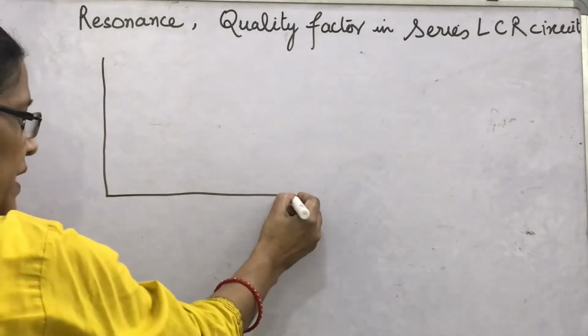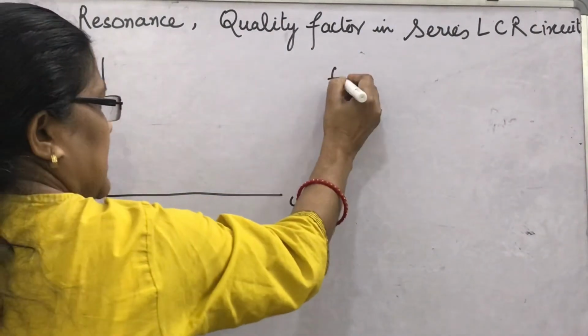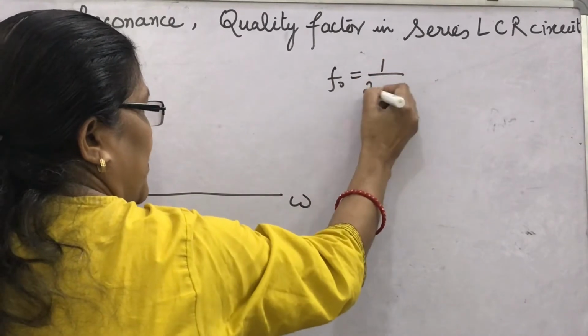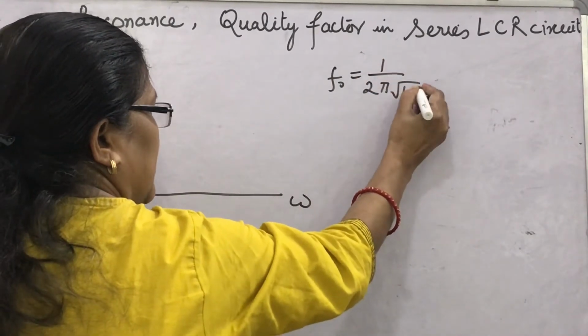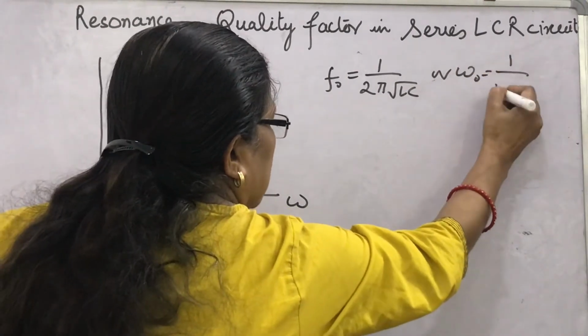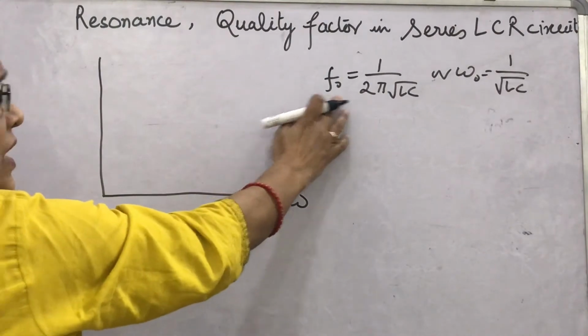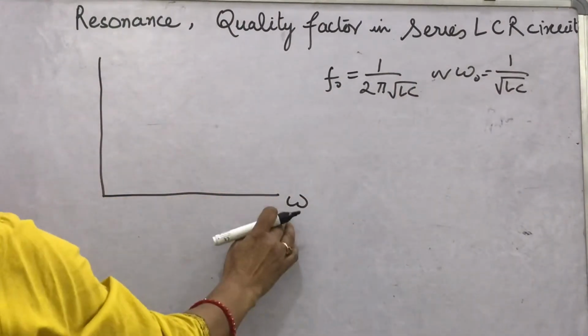If you take omega or f on the axis, for frequency 1 upon 2 pi under root LC, or omega naught, that is angular frequency at resonance, these two we know, f naught and omega naught, you can take any here.